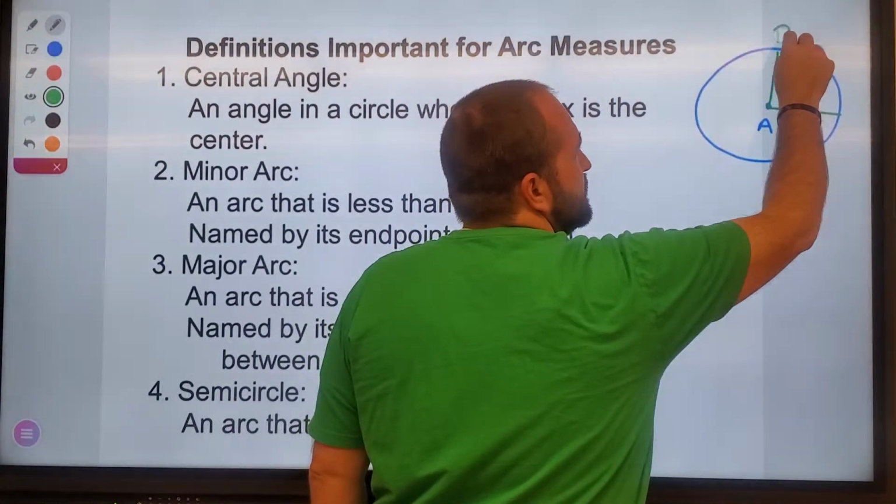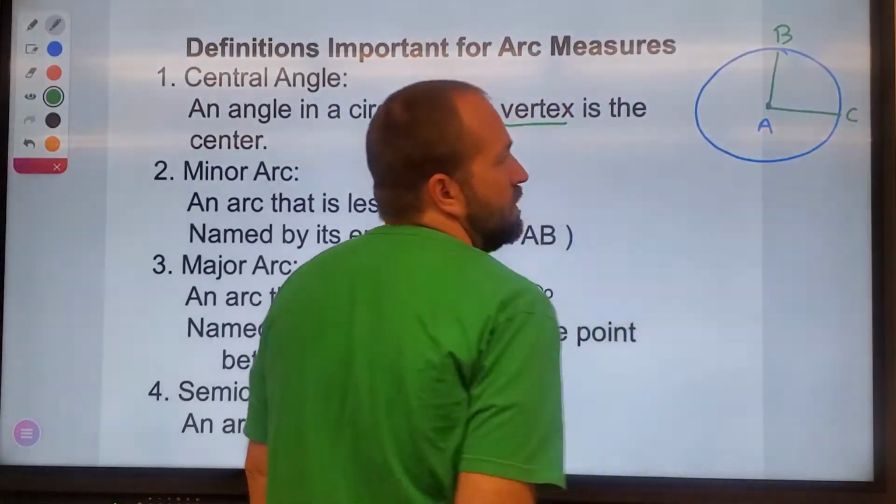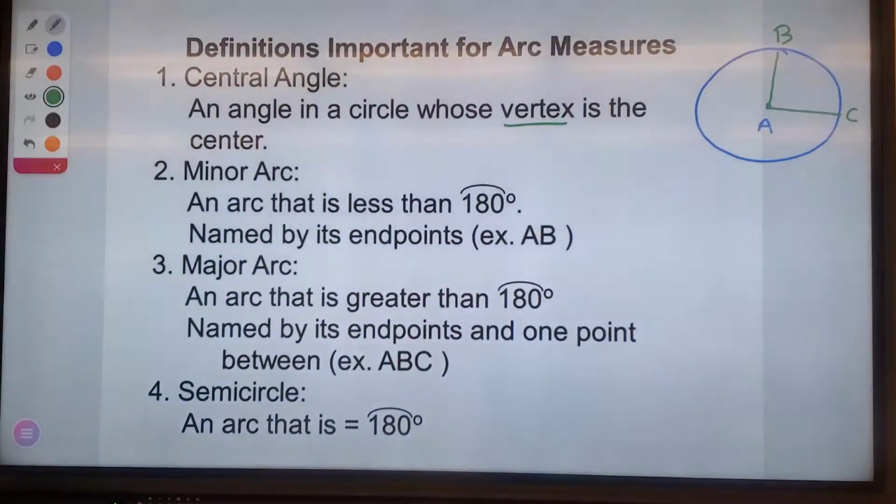and let's call this BC, then angle BAC is a central angle. Okay. Or again, I could flip that and call it angle CAB, and that is also a central angle. As long as A is that center letter of those 3, then we can call that the central angle.